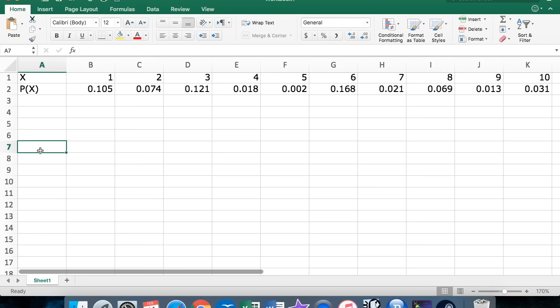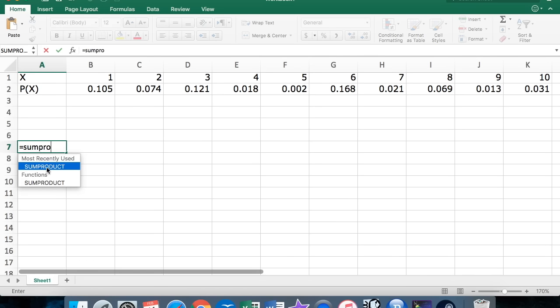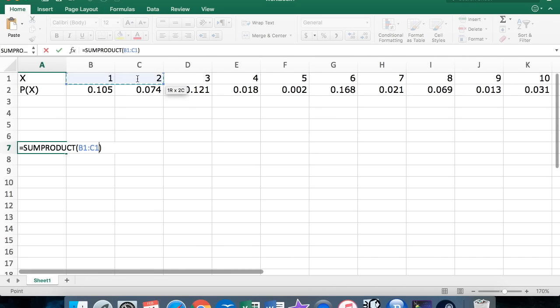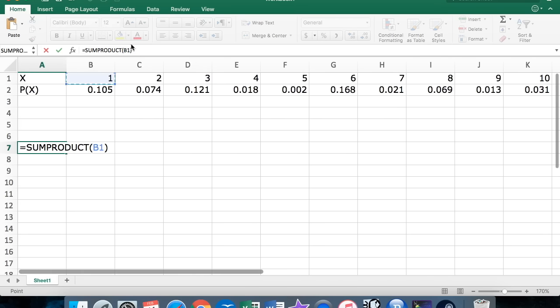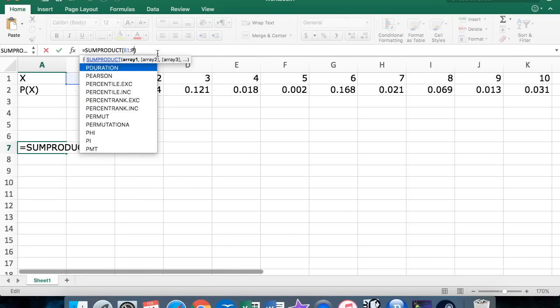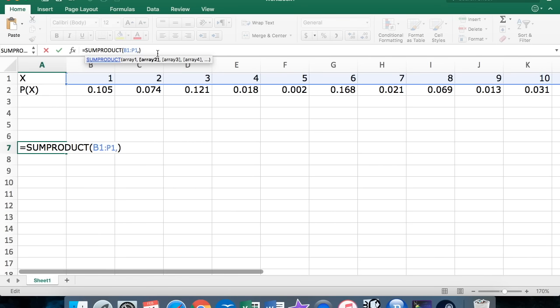Let's try down here, I guess. Sum product. Okay, so it's B1. I think it goes all the way to P1. Yeah, I'll just type it in. So B1 to P1, comma, and then B2, see the red, B2 to P2.